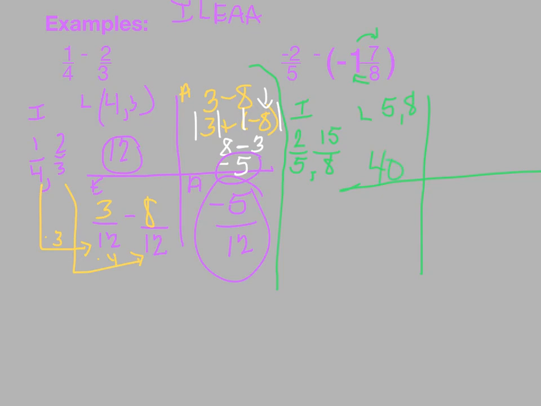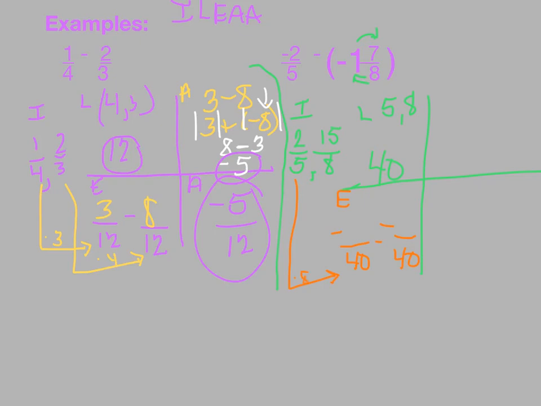Next is my E, equivalent fractions. So I'm going to have some negative number over 40, minus another negative number, also over 40. I say to myself, how do I get from 5 to 40? That's times 8.